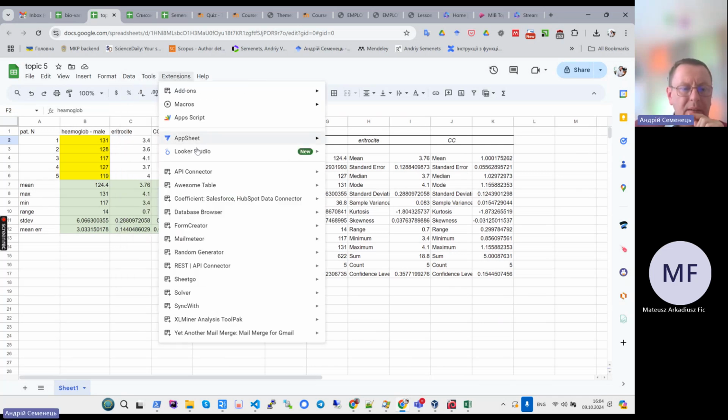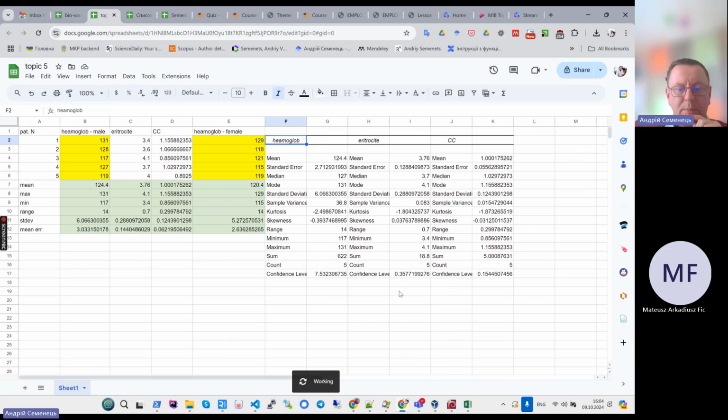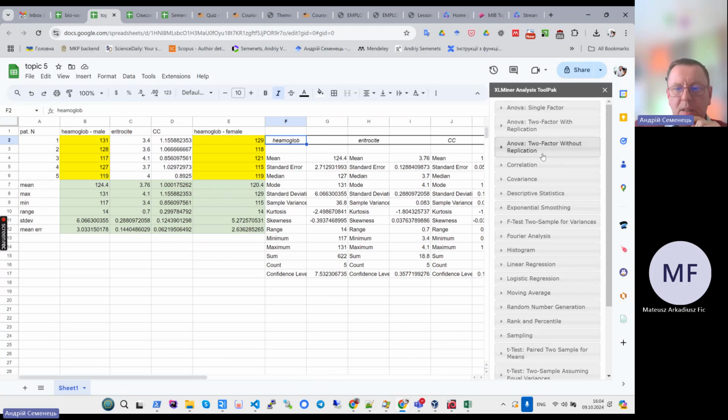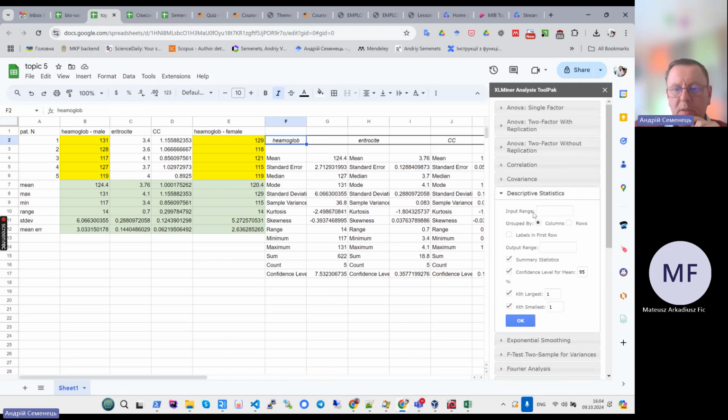Okay, Excel analysis toolbox, start. So one more time, I want to calculate descriptive statistics. I will pick up the range I need, ensure it's correct, ensure labels. Okay, and the output range has to start from this cell. Okay.